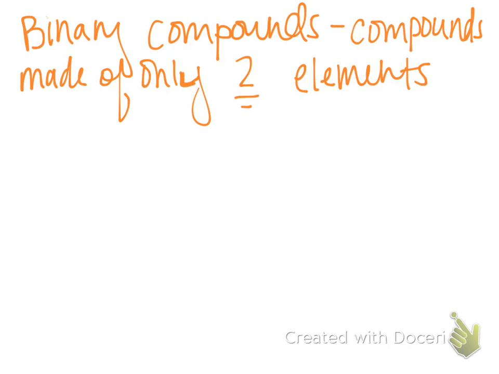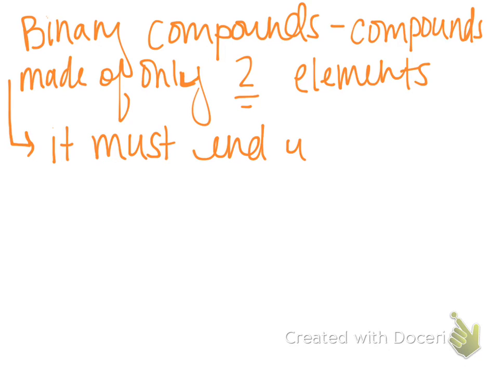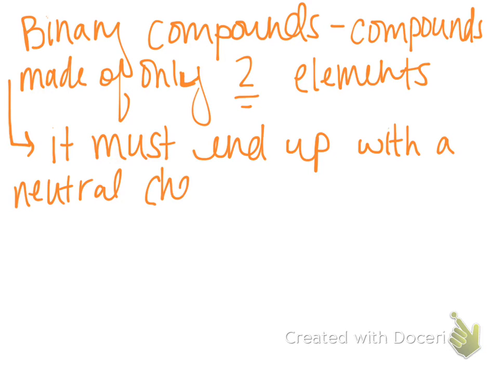Something that we need to know when we make binary compounds is that it must end up with a neutral charge. What's a neutral charge equal to? 0, right?